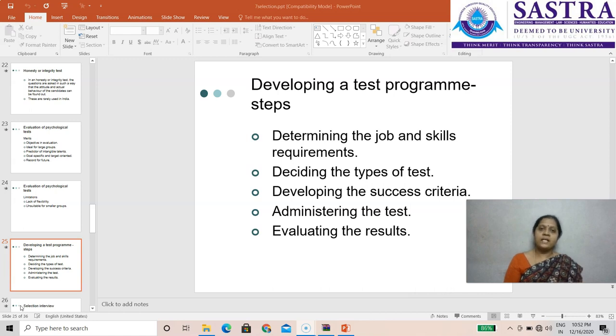Depending upon the requirement, the organization may develop their own testing tools, or it can make use of other published testing tools for testing the essential qualities of the people coming for the selection process. So that is the second stage, deciding the type of test.